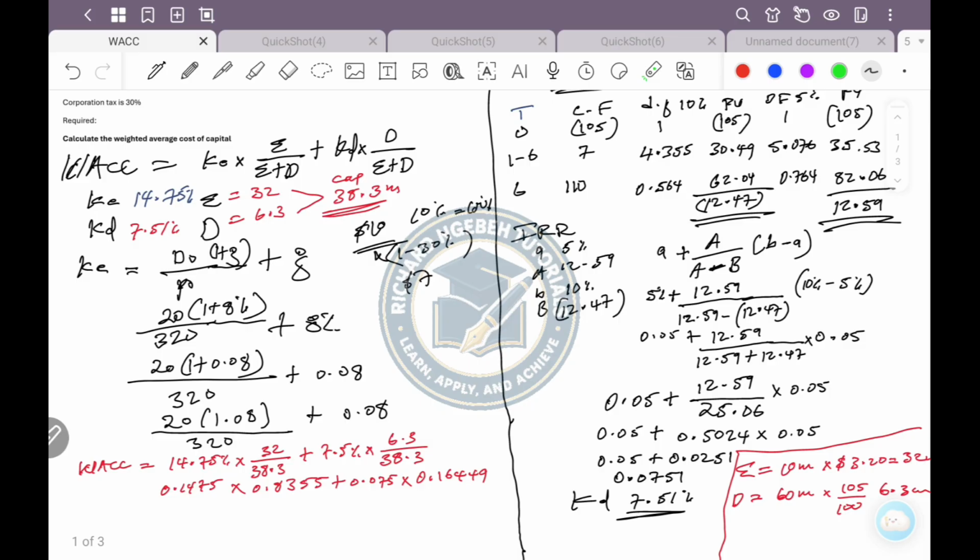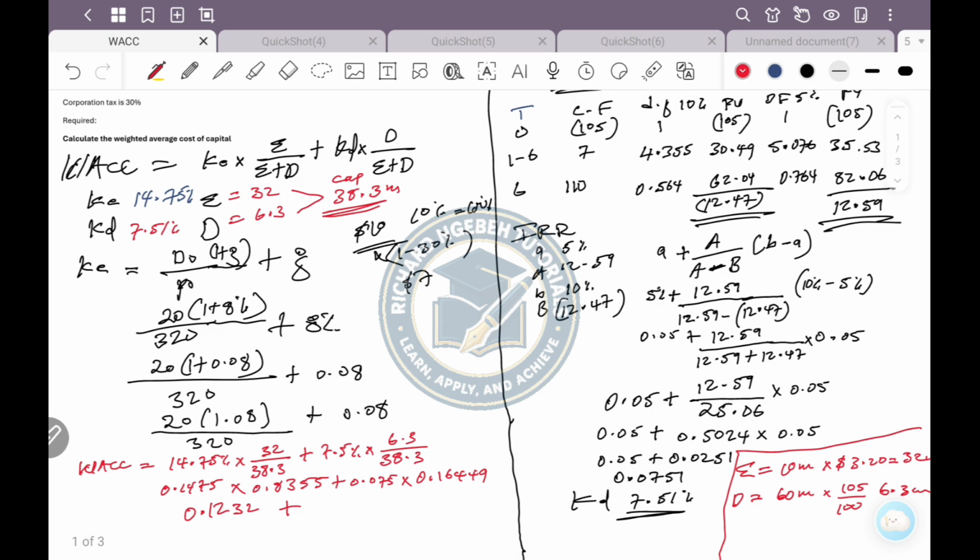So when you multiply 0.1475 by this one, you'll be able to get here first 0.12, hold it there. It's a plus.